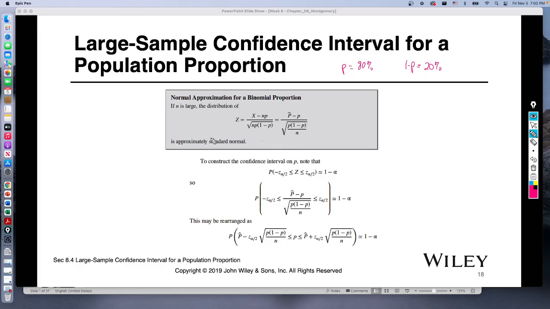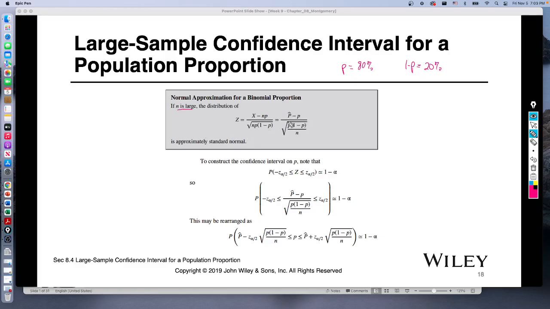So anyway, these come from the binomial distribution, the Z. If n is large, that's the caveat here, you have to have it large. What does that mean? Well, it means really big. Does that mean 30 or 40? It could work at 30 or 40, but the larger the better.